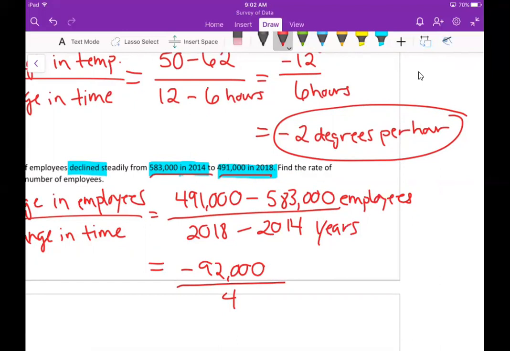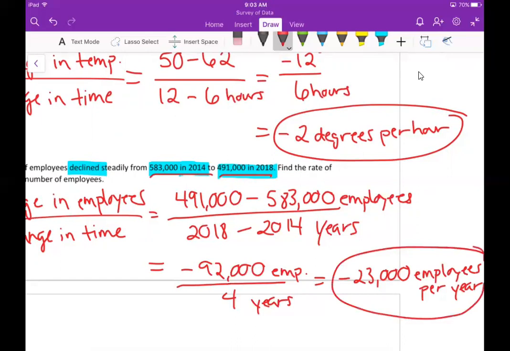So we can see we lost 92,000 employees over 4 years. That's a rate of change, if you divide those two, of negative 23,000, and what's your unit? Employees per year. So we know how many we lost in 4 years. That average rate of change then is 23,000 per year.